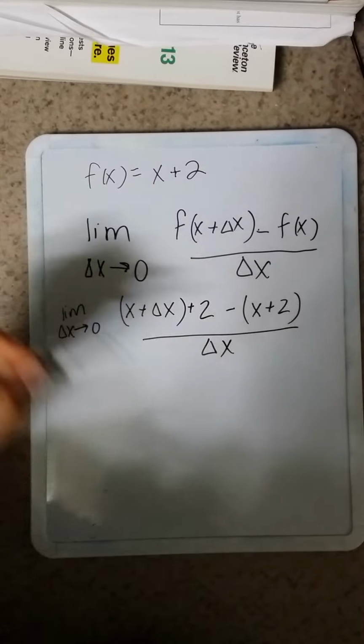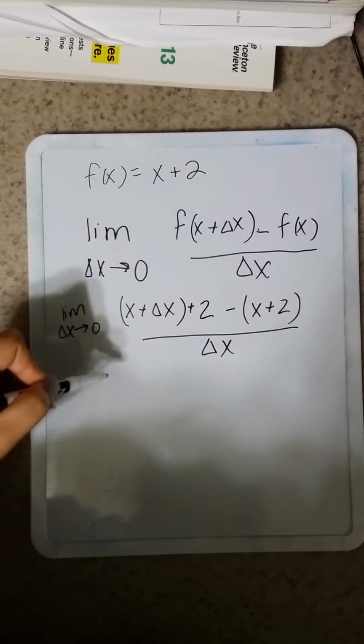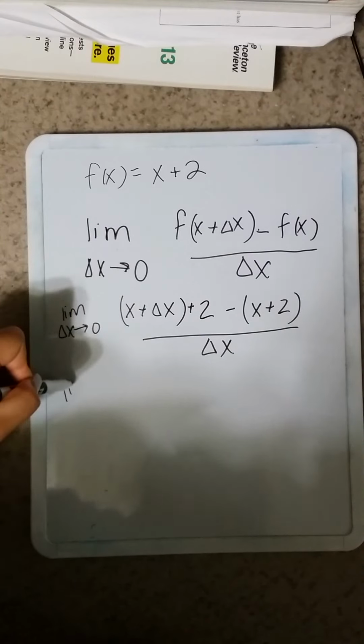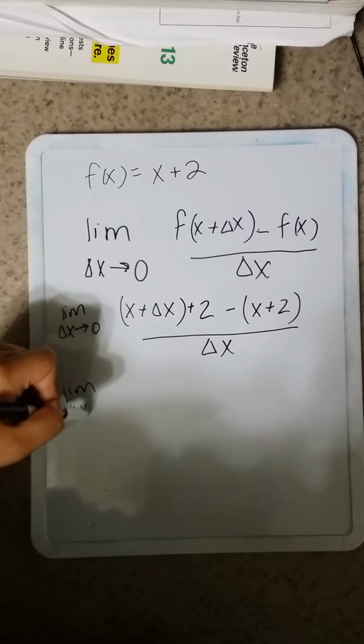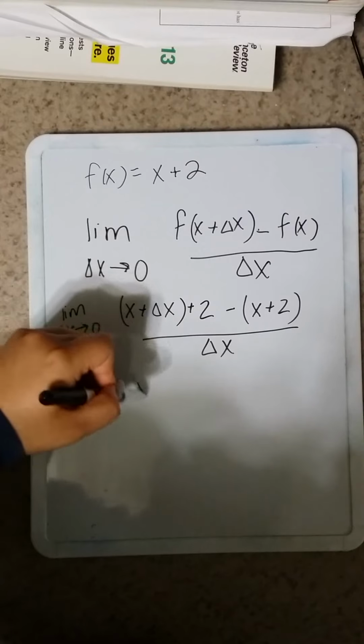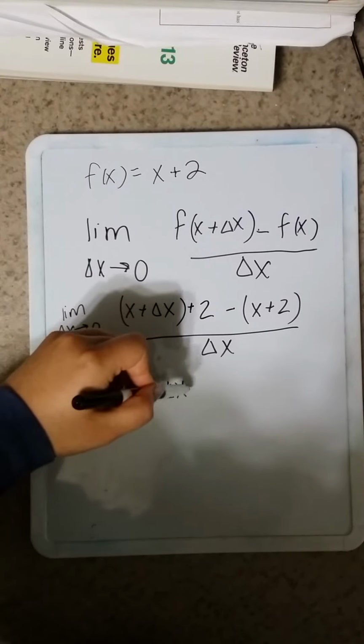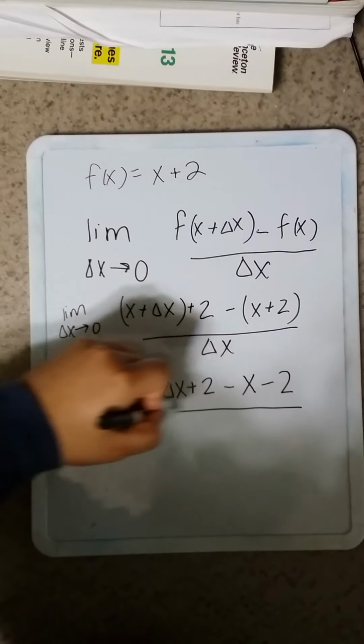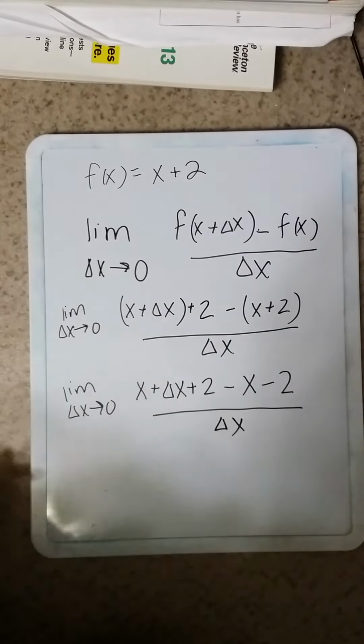Now that we have that, we're going to distribute and have it all out. So the limit as change of x approaches 0, x plus change of x plus 2 minus x minus 2, all over the change of x.